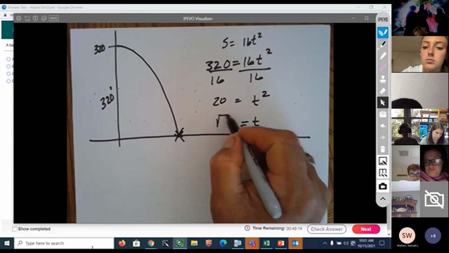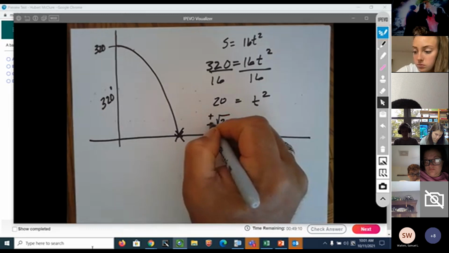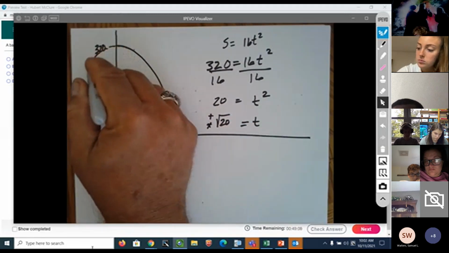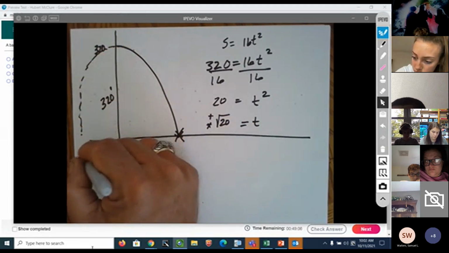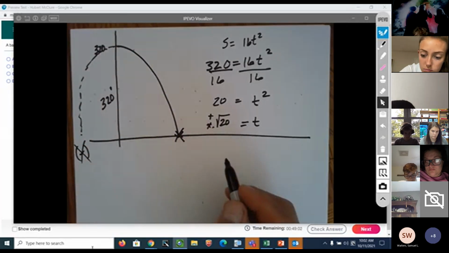T is equal to the square root of 20. You can disregard the negative because the negative would be over here. We don't need that. So you can disregard the negative.